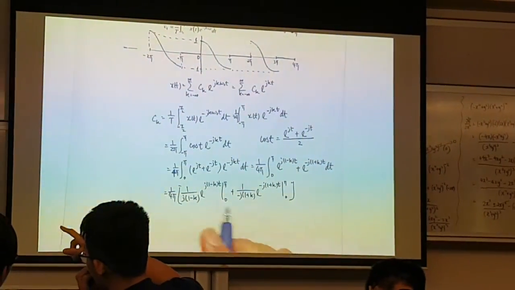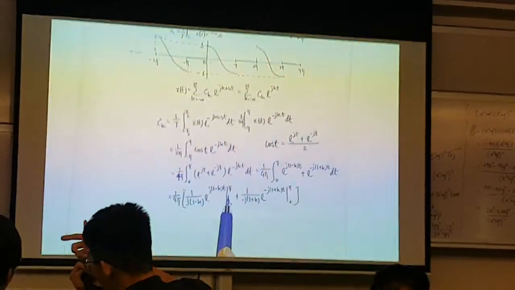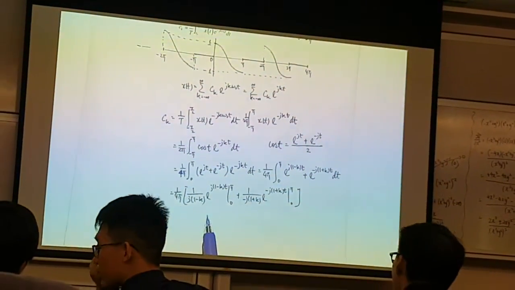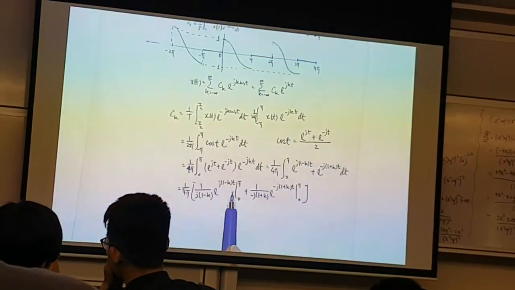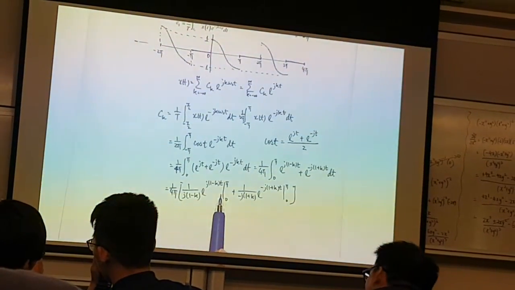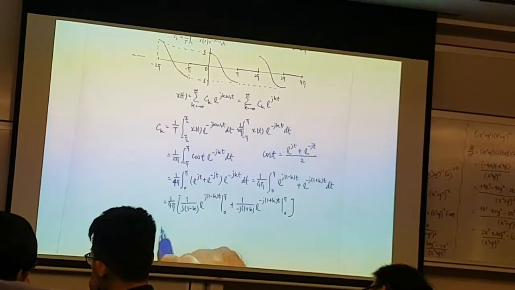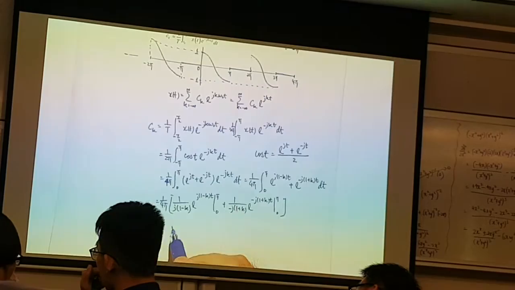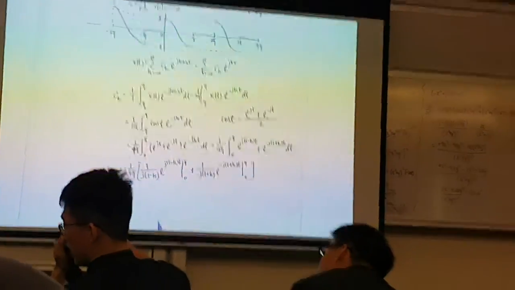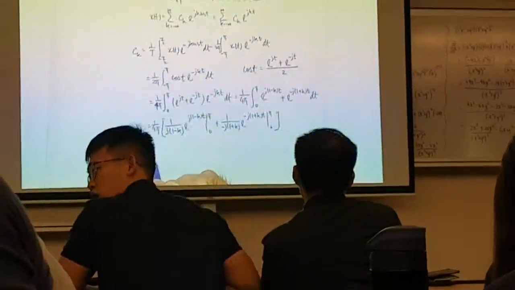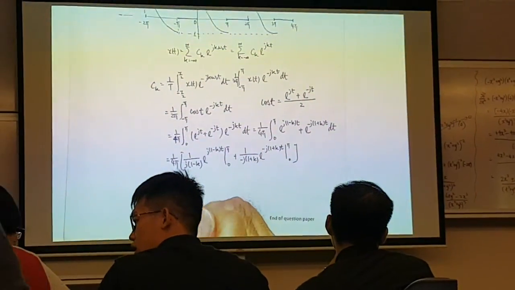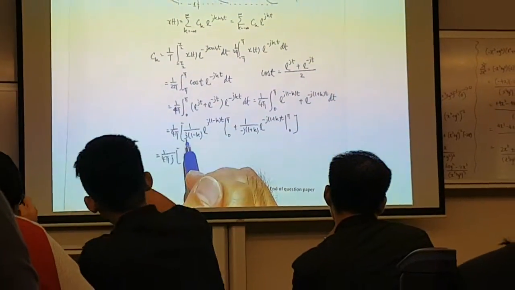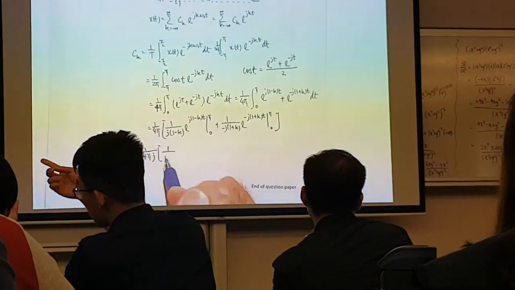So one thing is when you substitute t is equal to pi, you end up with... what we can do is also bring out the j. If we bring out the j, you only have 1 over 1 minus k.